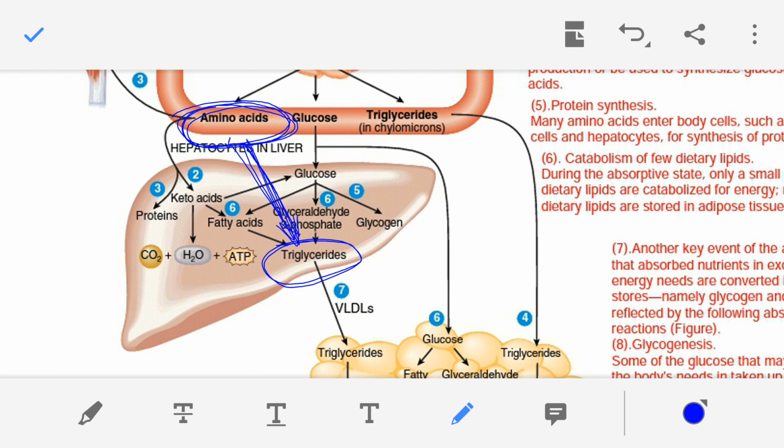Okay, and from the liver, this triglyceride enters into the adipose tissue. Why am I highlighting this arrow? You need to understand that nowadays people, especially youngsters, have a craze for bodybuilding. They want to develop their muscle, and for that many times they purchase protein powder or amino acid powders, and they think that their muscle is going to develop with this protein powder.